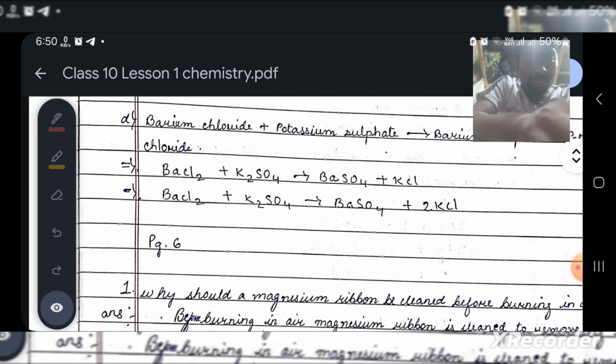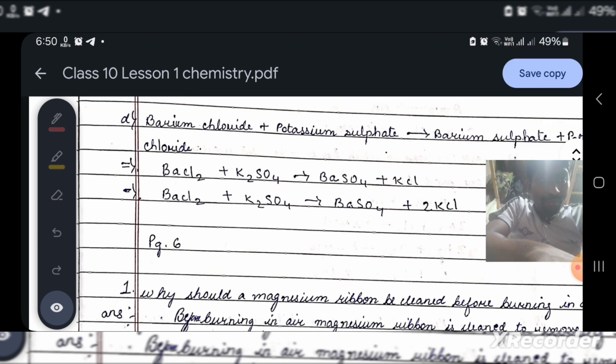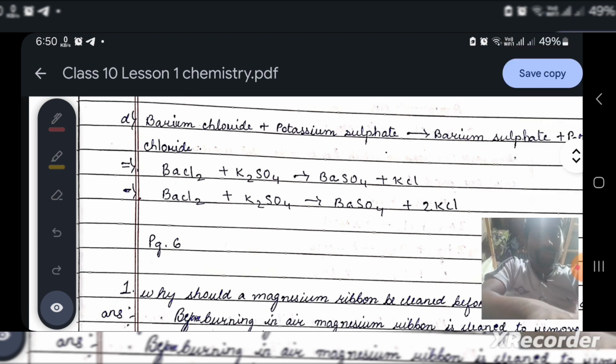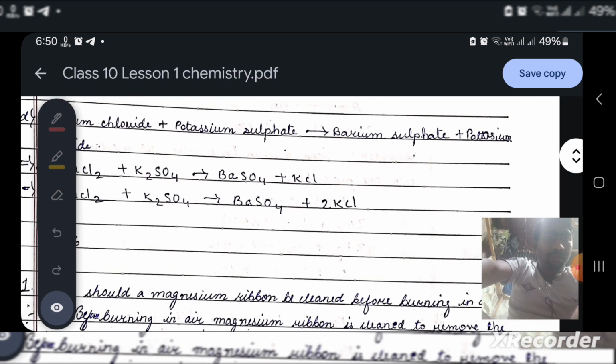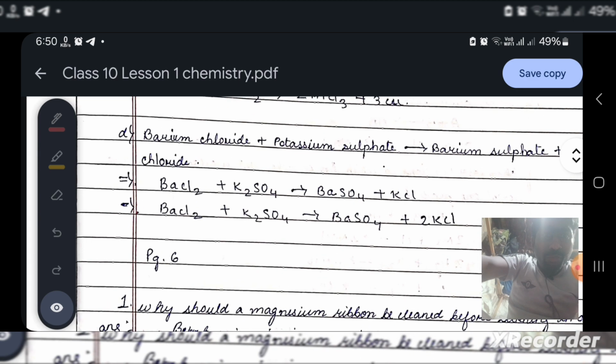In number 3 you can look, the question is barium chloride plus potassium sulfate. What is the product? Barium sulfate plus potassium chloride.